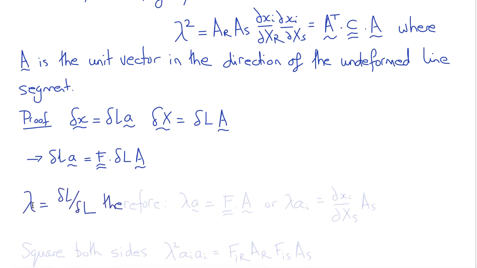Now, using the fact that the stretch ratio λ is Δl over ΔL, we can rewrite this expression as λa = F A, or in index notation, λa_i equals ∂x_i/∂X_S times A_S.